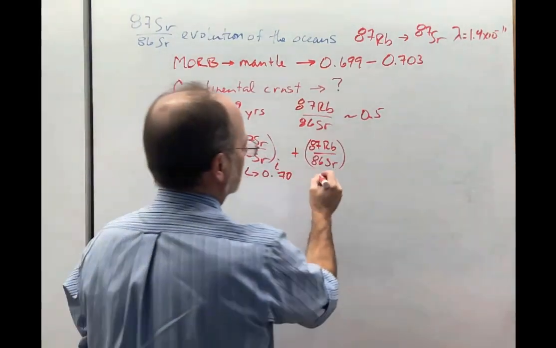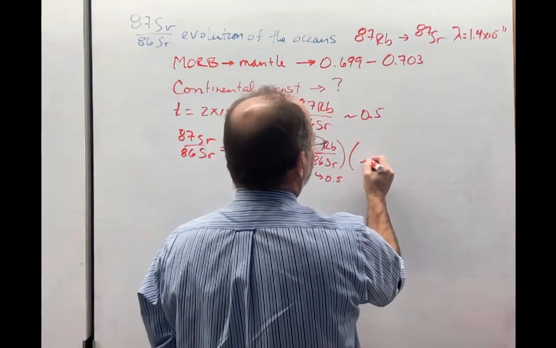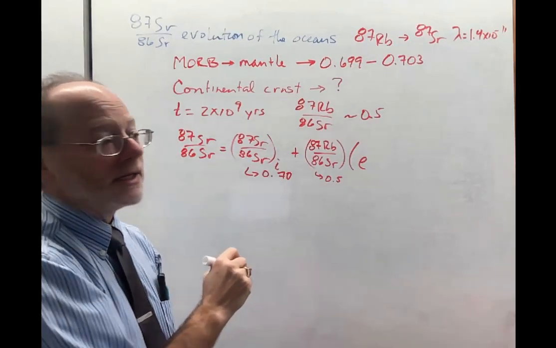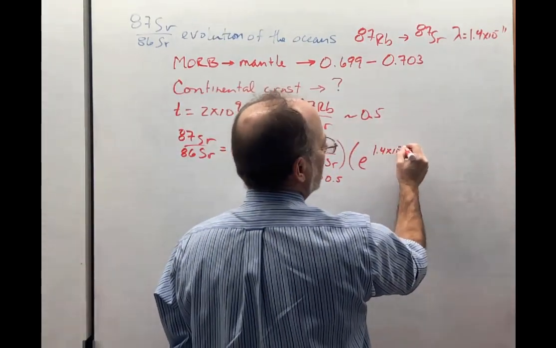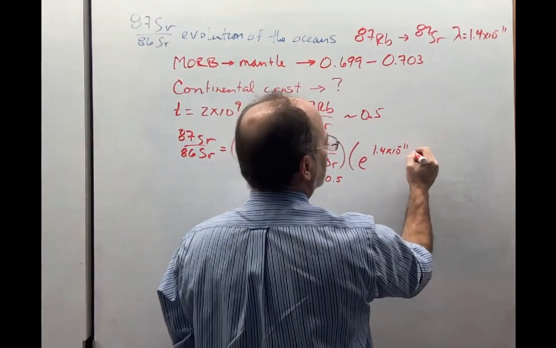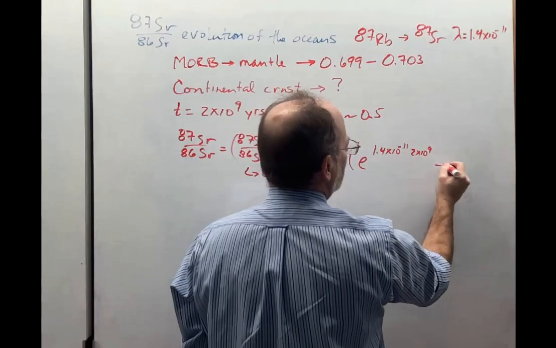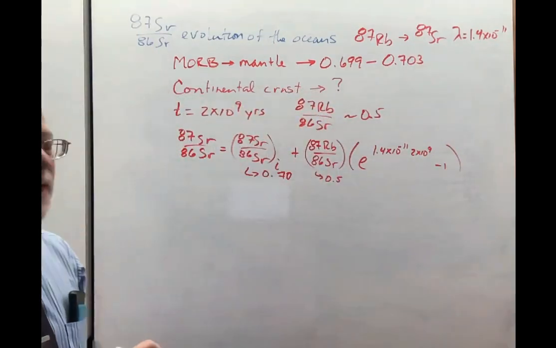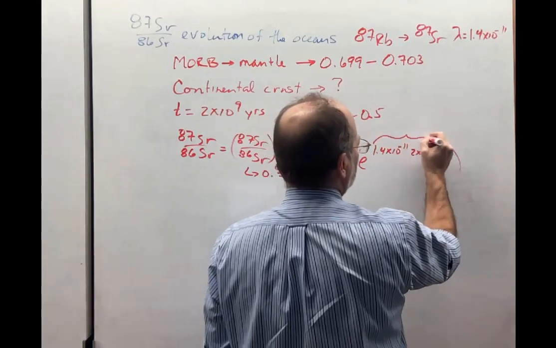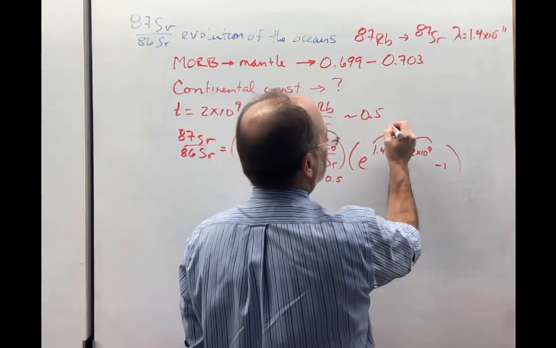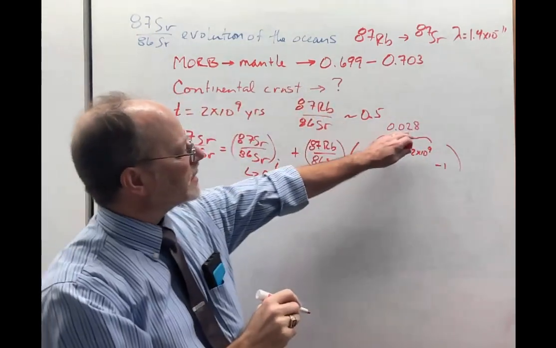Which is going to be 0.5. And then we have e to the lambda t minus 1. So lambda 1.4 times 10 to the minus 11, times 2 times 10 to the 9th, minus 1, right? What is this equal to? Well, if you multiply this out, you get 0.028, right?